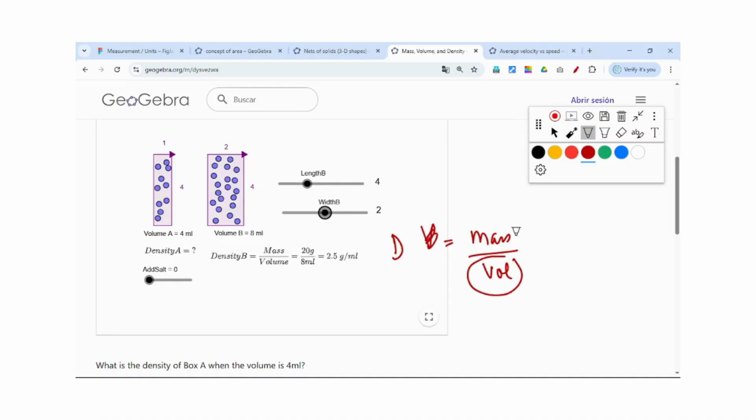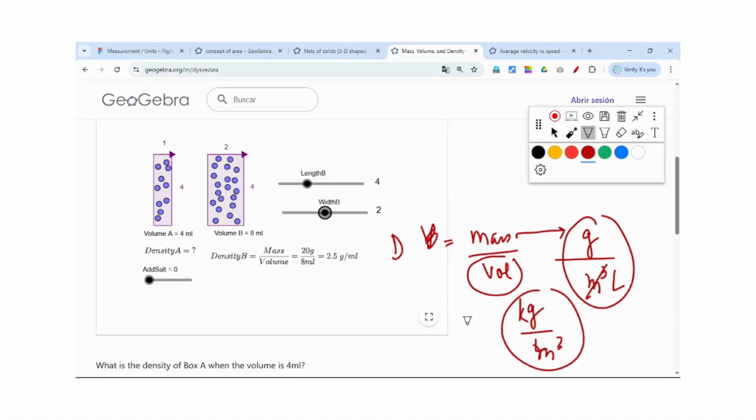So we can use unit of mass, which is for example gram, divided by unit of volume, which is say cubic meter as we saw, or liter. So we can get another derived unit, grams per liter, or grams per cubic meter, or kilogram per liter, or kilogram per meter cube. All these are derived units for measuring density.